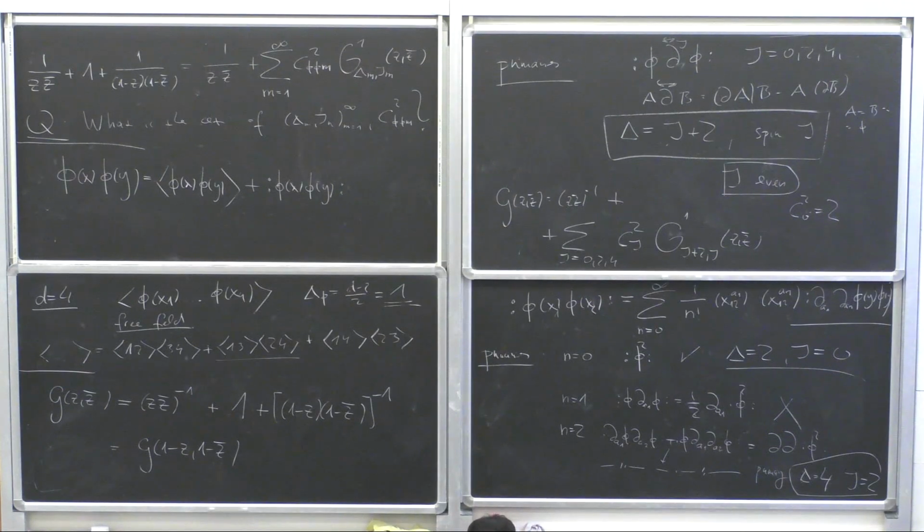So let's just check it. Okay, so we can do a sum of the c squared. So what are we doing? We are summing c squared times the conformal block of dimension j plus 2 and spin j, from 0 to some j max.